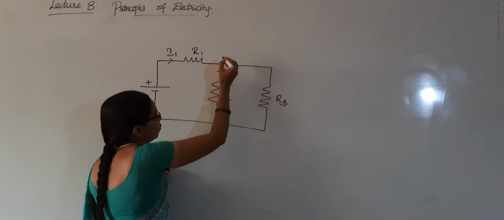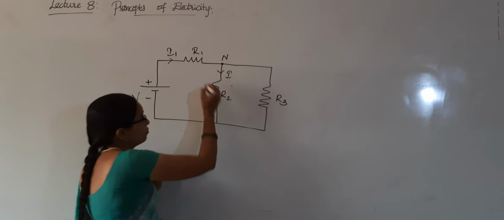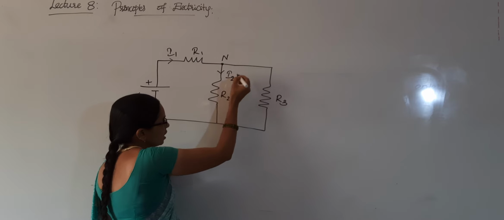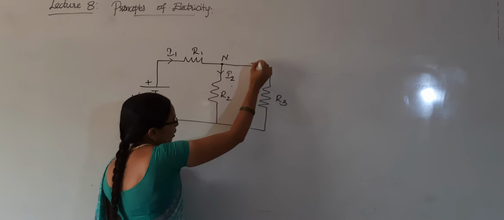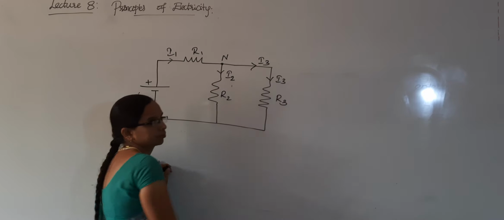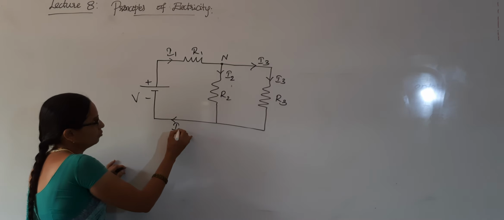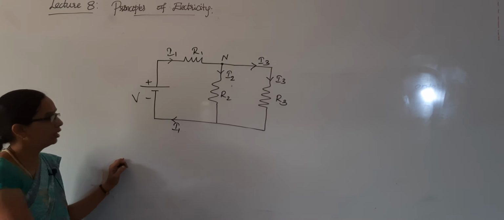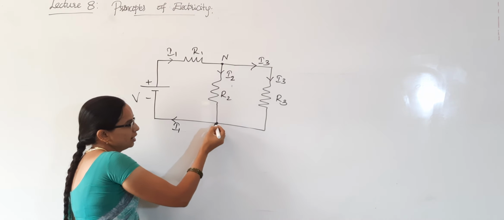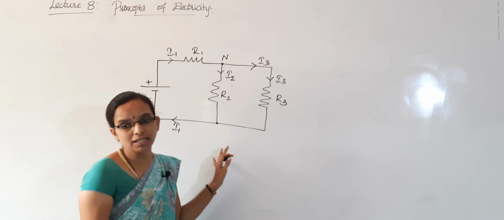After entering this node, I will call this node N, the current divides. When it comes here, it finds two paths, and the current divides as I2 and I3. Here I3 is flowing. Next, here again I1 is also flowing. I2 and I3 come here and join again, and it will become I1. We will just analyze this circuit.